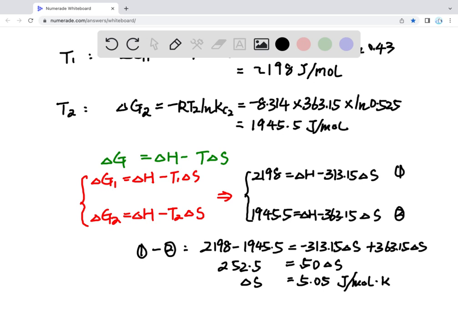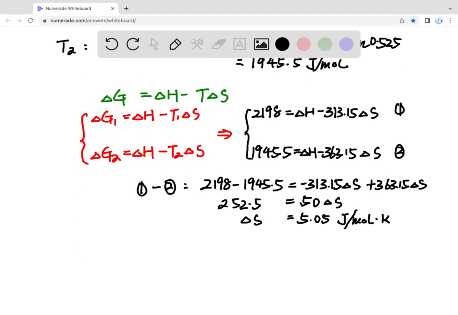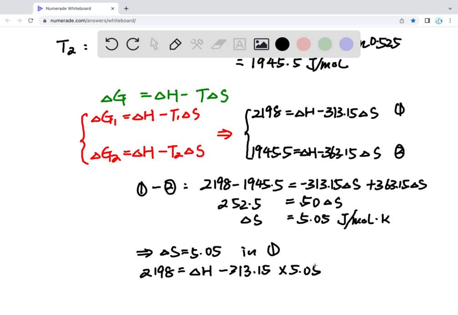So now if we plug that into equation 1, so if we plug in delta S equals 5.05 in equation 1, 2198 equals delta H minus 313.15 times 5.05.